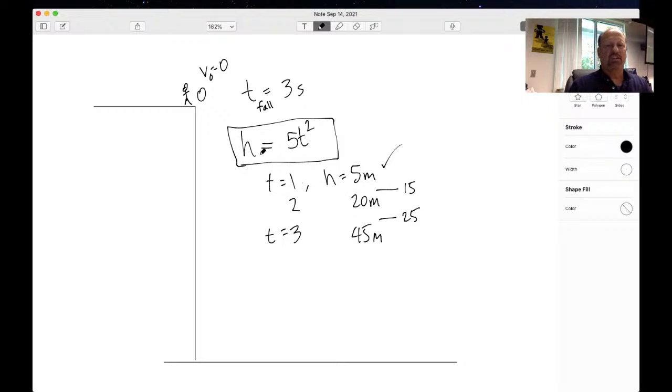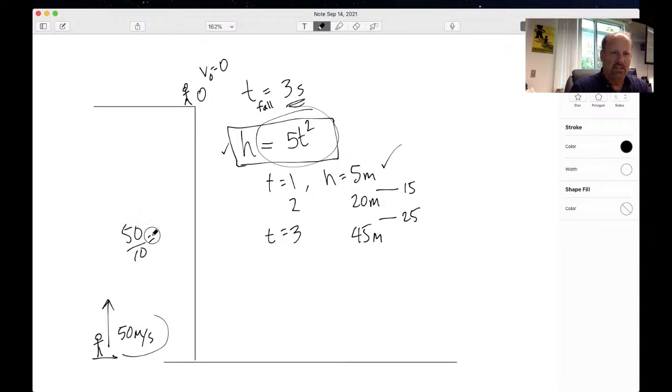Here's another thing to think about. The distance that it drops in the time, if you go back to your original guy over here, he's throwing something up with an initial velocity of 50 meters per second. We know the time it takes to get to the top is V initial divided by 10. So 50 over 10 is 5 seconds. Translate that into a drop: if it takes 5 seconds to get up here, it takes 5 more seconds to fall down here.